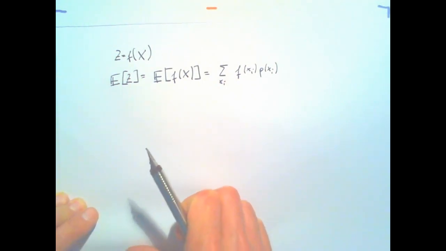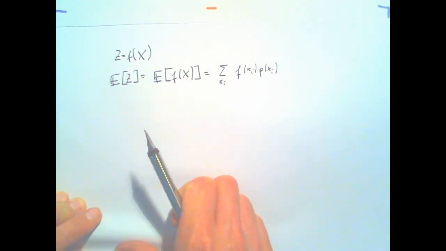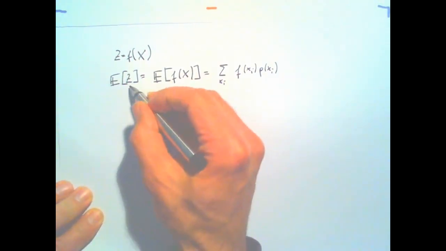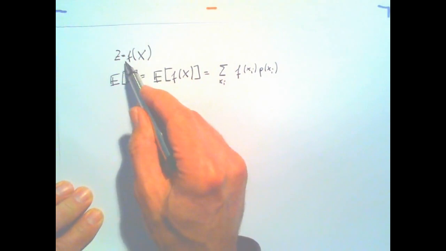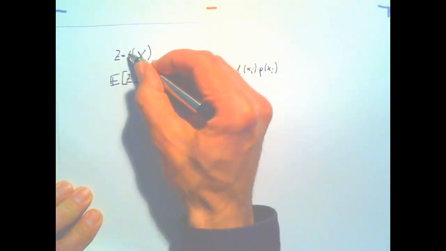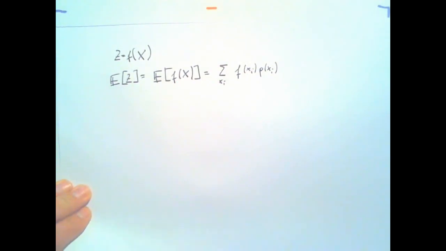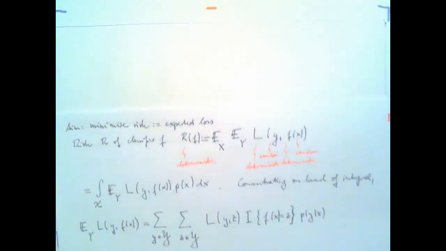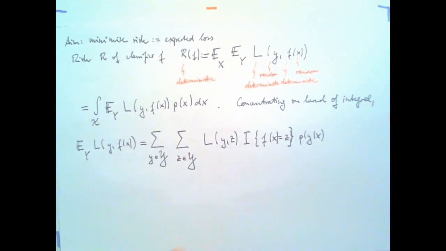And I'm now interested in the expected loss. So this f is not the same f as on the other slide. This is just an arbitrary function. This is why I take the expectation of that quantity, if I want to know on average how big are the errors that I'm going to have.